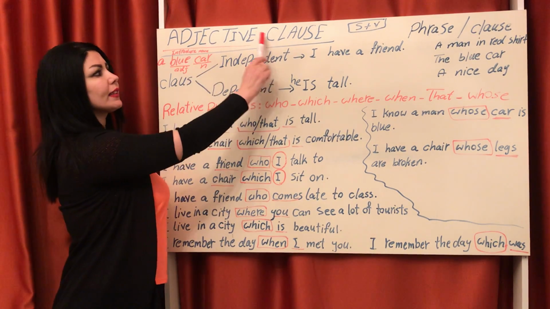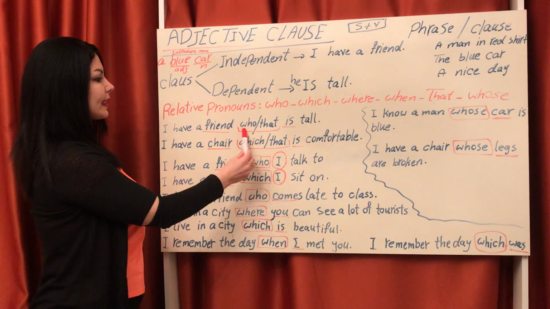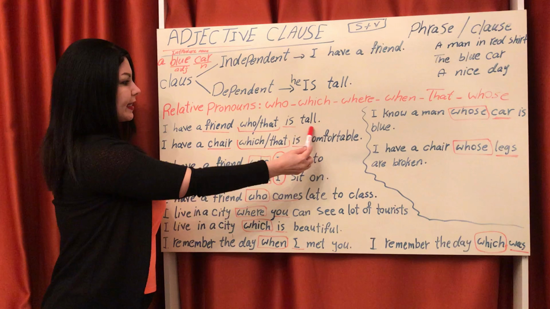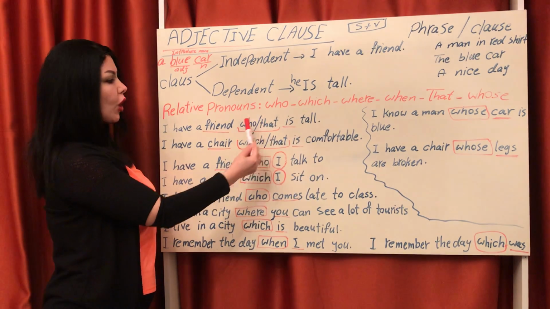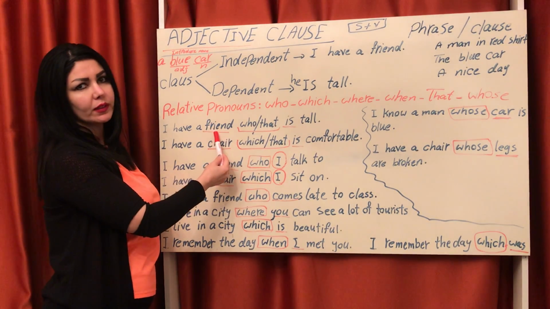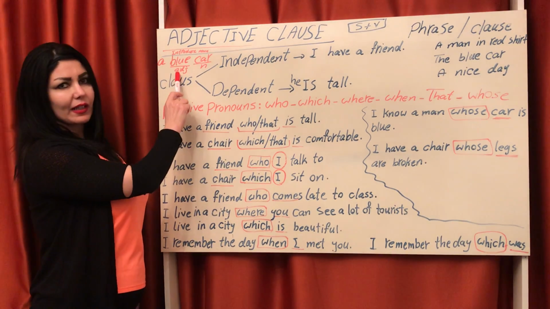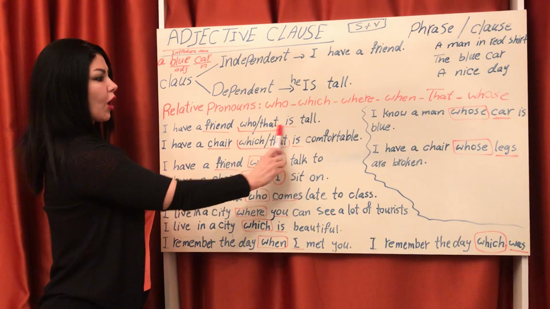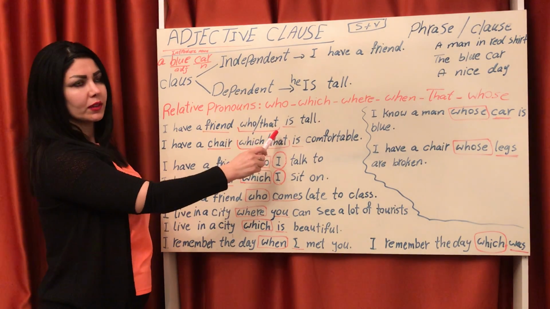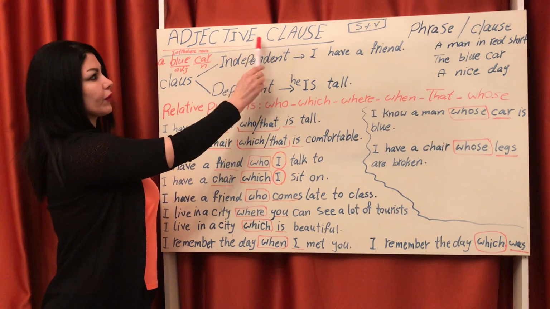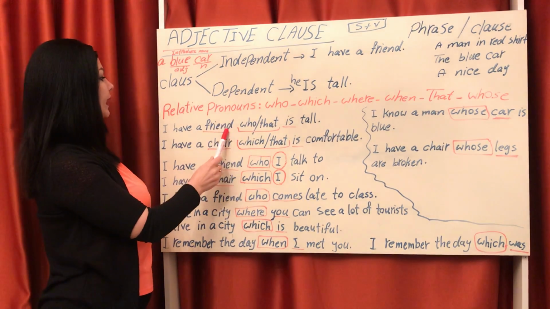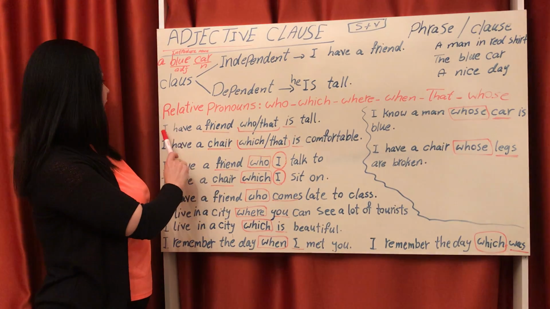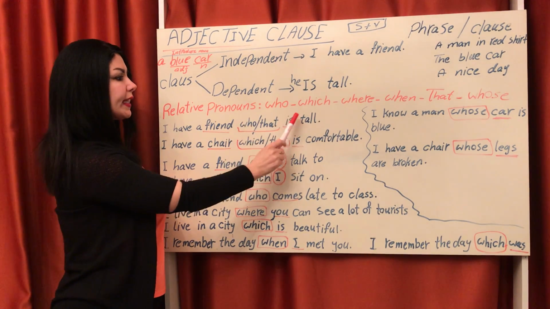But for an adjective clause, this "who is tall" is the adjective clause. The adjective clause comes after the noun. So a simple adjective comes before the noun, but an adjective clause comes after the noun. And the adjective clause introduces the noun. For example, I have a friend who is tall.